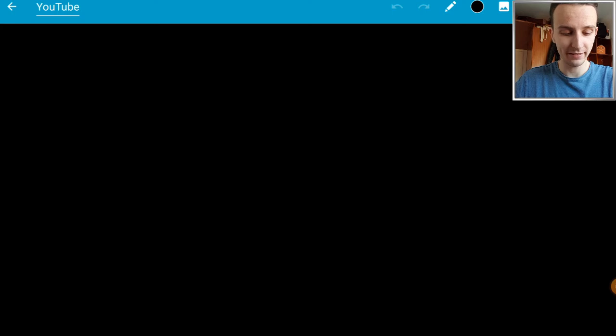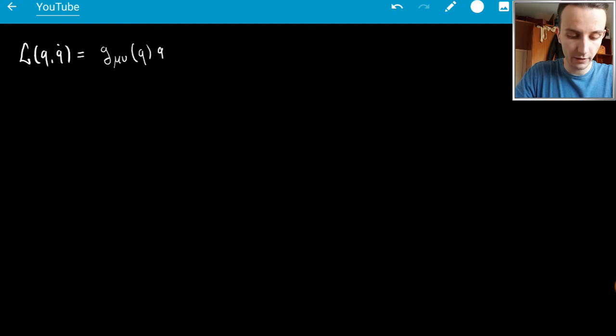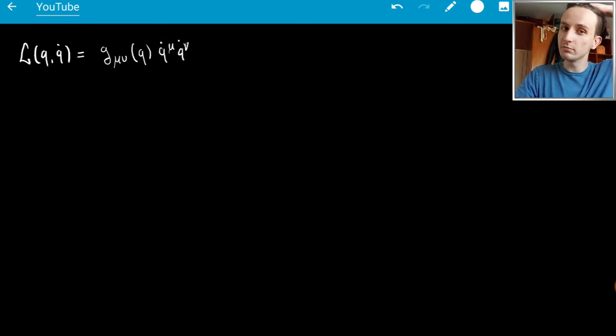So remember last time we showed that if we take a Lagrangian of the coordinates and the velocities to be this quantity g mu nu, where g mu nu is the metric, at q times q dot mu, q dot nu. I don't remember if we had a 1/2 or not, but I guess it doesn't matter.